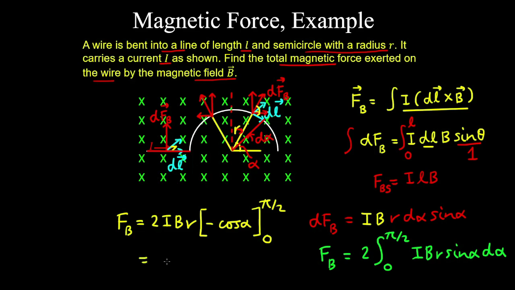So therefore the net force on the semicircle is 2IBr. So the net force on the wire is equal to ILB plus 2IBr, and this net force is directed upwards.